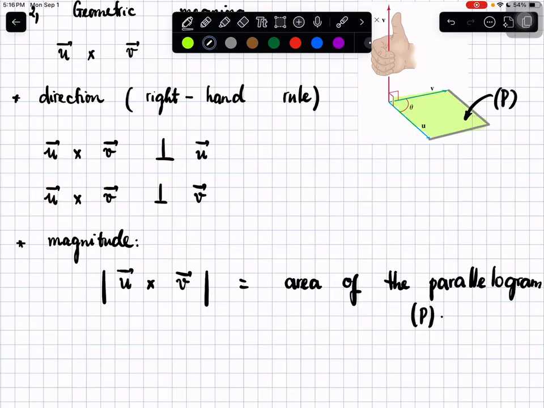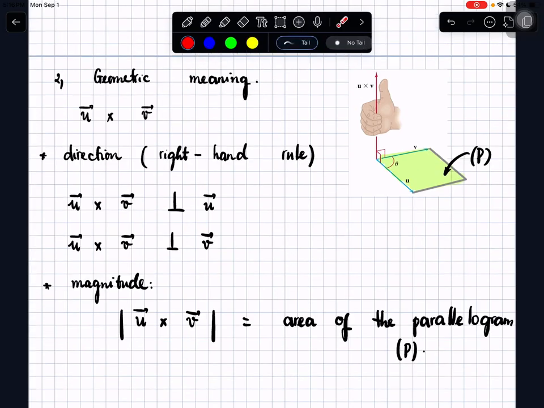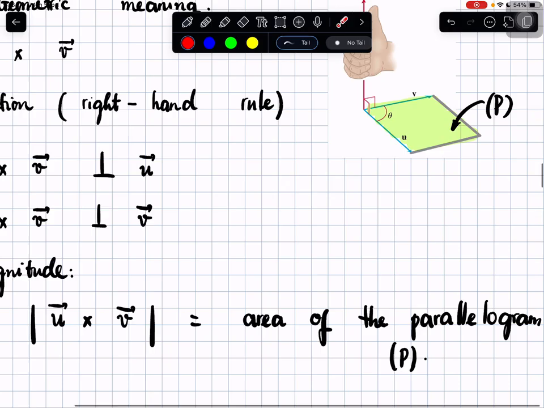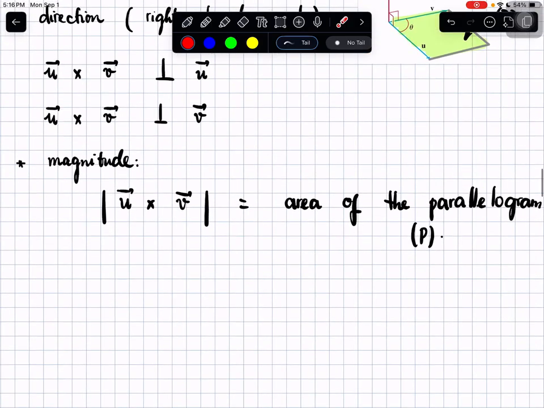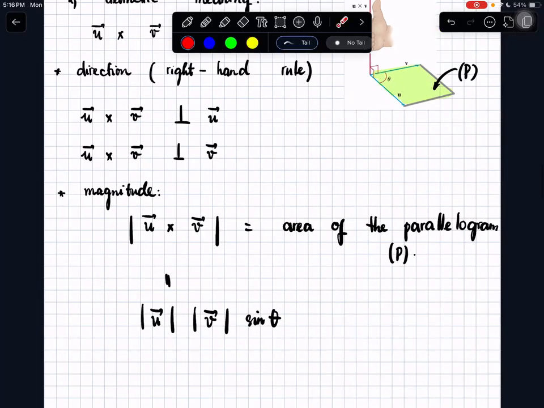Okay, so that is the geometric meaning of the cross product. To find the area of this parallelogram, it is the length of u times the length of v times the sine of the angle between u and v, the angle theta here.